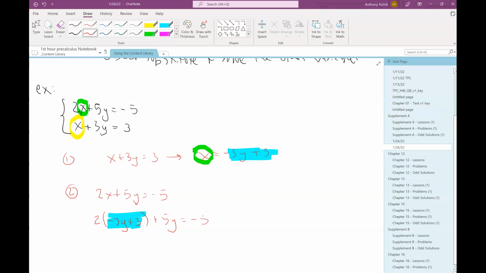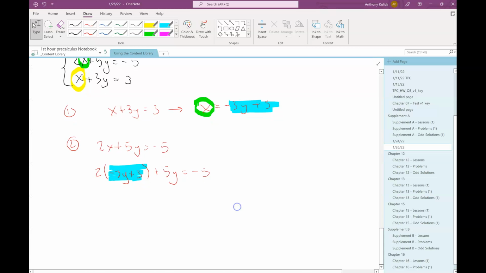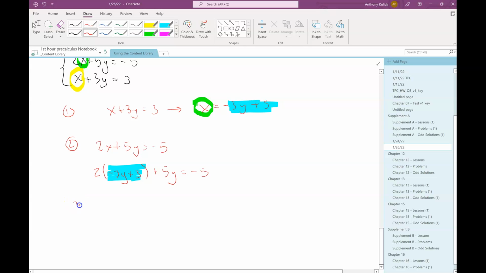Is that okay with everybody? Notice when I do that in equation 1, the only variable left is a y. So since there's just one variable, I can solve.